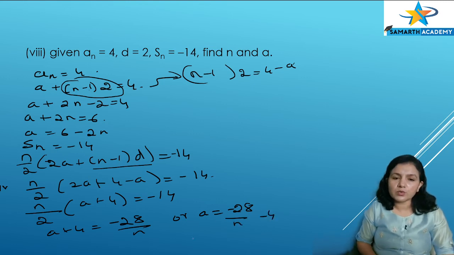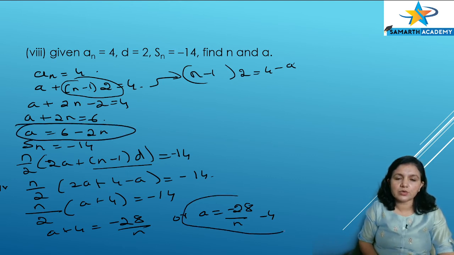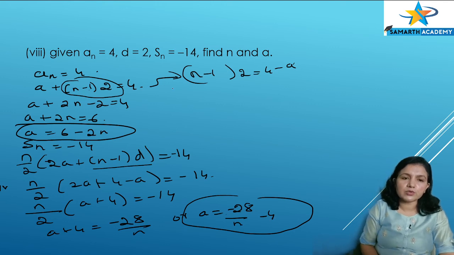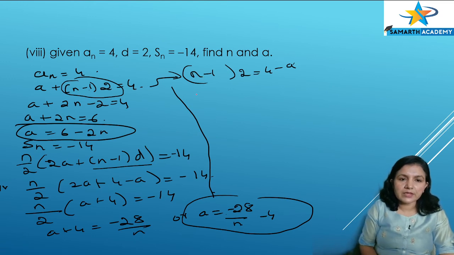So from equation 1 and 2, here we have a is equal to 6 minus 2n, and here we have a is equal to minus 28 by n minus 4. Let's equate those two. Let me take a different color so that it's not confusing to you. So 6 minus 2n is equal to minus 28 by n minus 4.